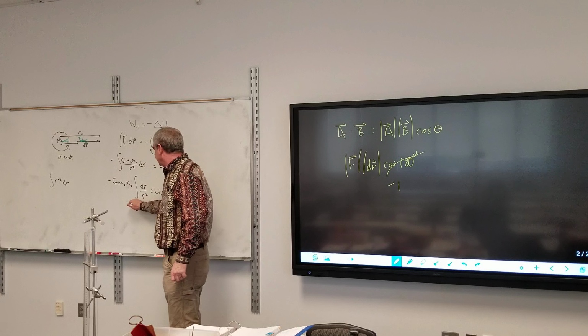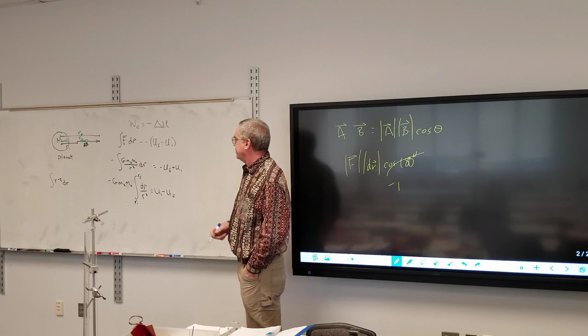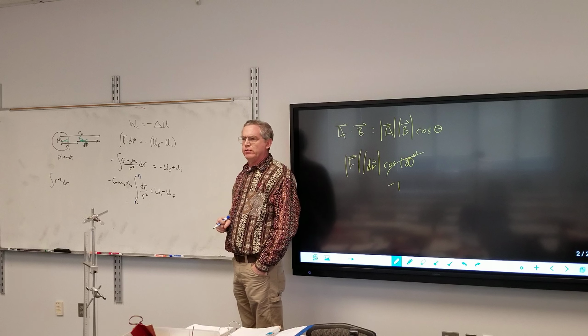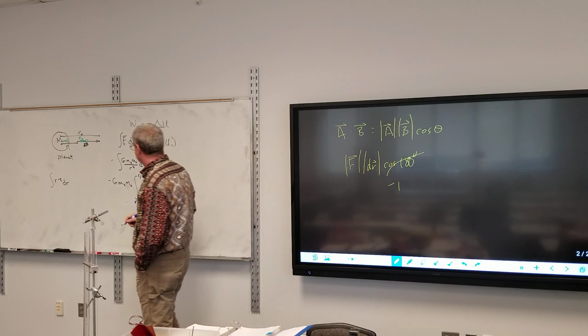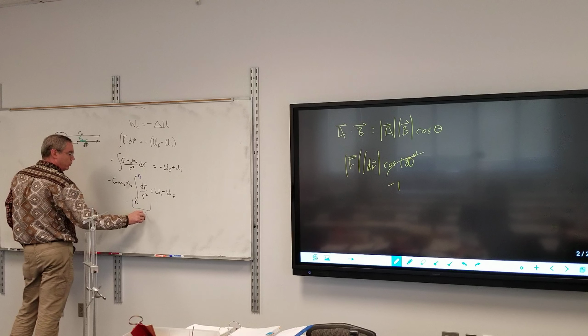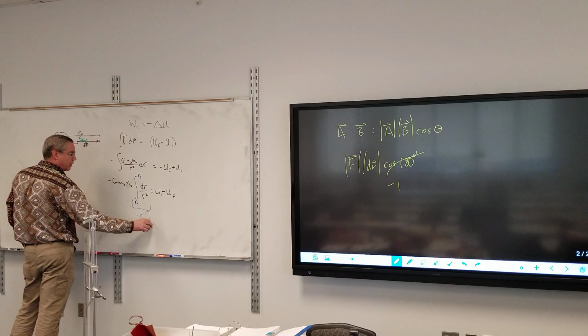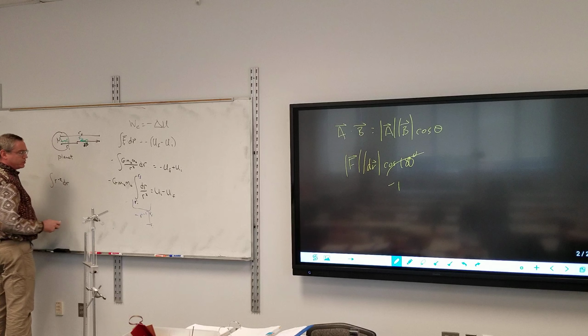So from some R initial to an R final. All right, so the integral of dr over R squared, negative R to the negative 1, okay? So that is negative R to the negative 1 from Ri to Rf. That negative and that negative should cancel out.